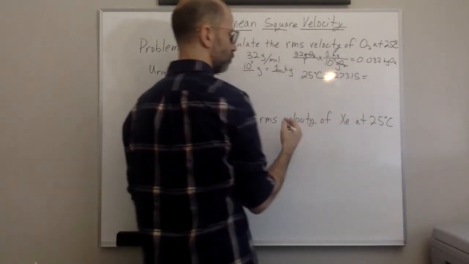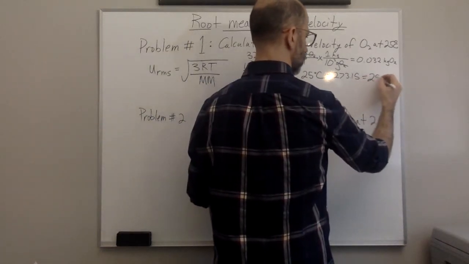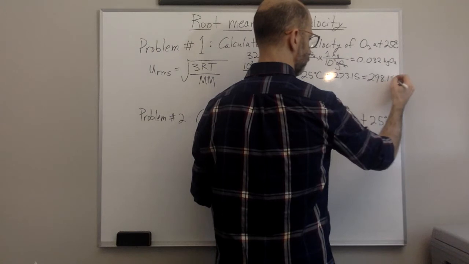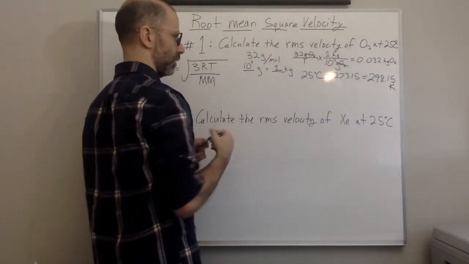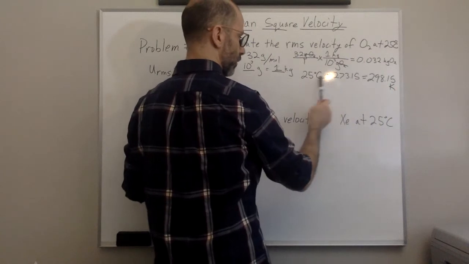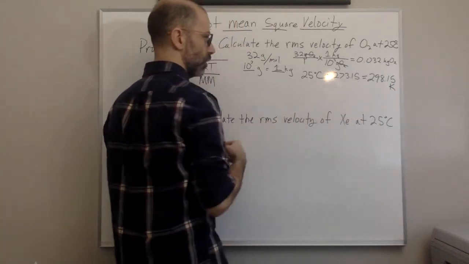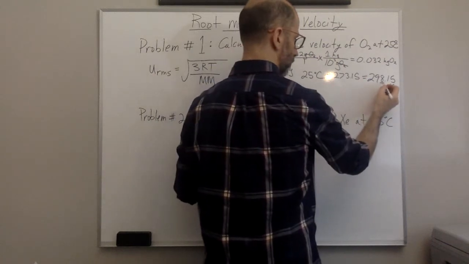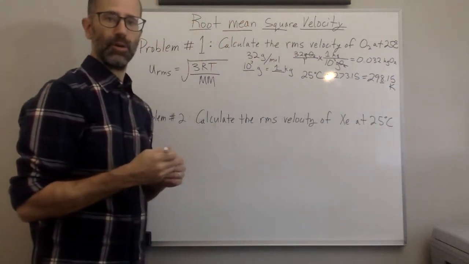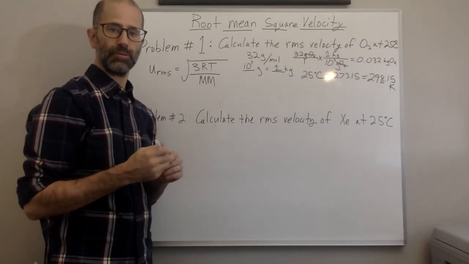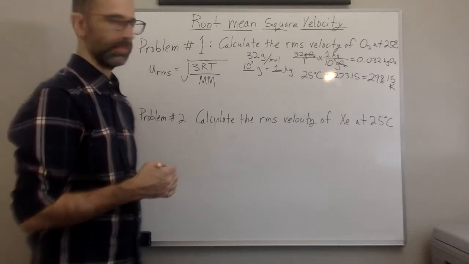That's going to be equal to 298.15 Kelvin. Since we're adding, we have to pay attention to decimal places. This has 0, this has 2, so I'm only allowed up to the 98. But I'm going to keep the 0.15 to avoid rounding errors.